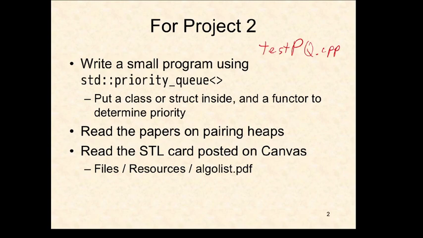What order do you expect them to come out in? What does the default comparison mean for your priority queue order? Look at the papers on the priority queues, on the pairing heaps, and read the algorithm list card.